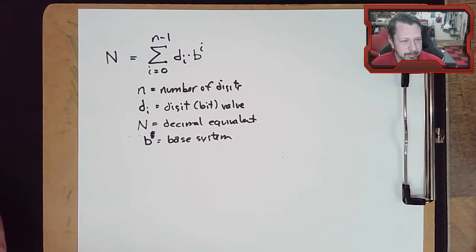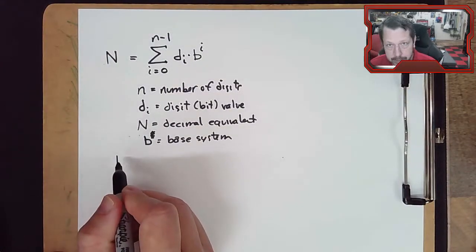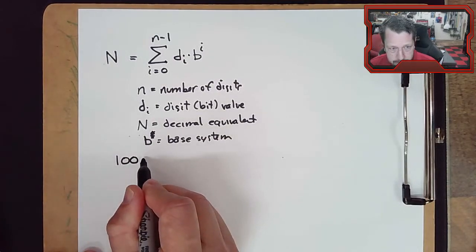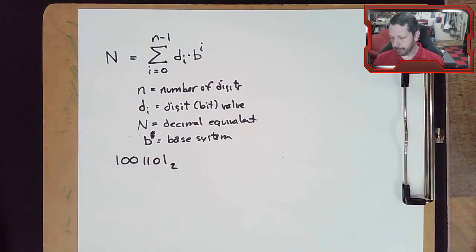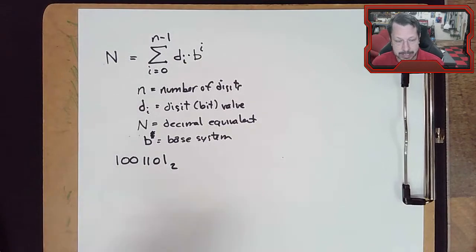So let's go from, here, let's take a number, a binary number, 1, 0, 0, 1, 1, 0, 1, base 2. So this is a binary number, and we want to know what it represents in the decimal system. So what is this number in decimal, base 10?